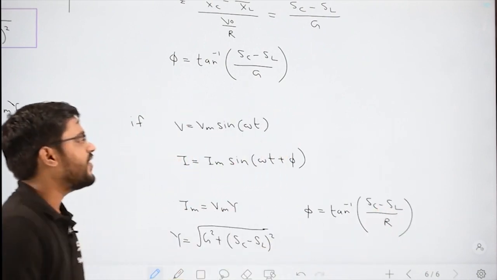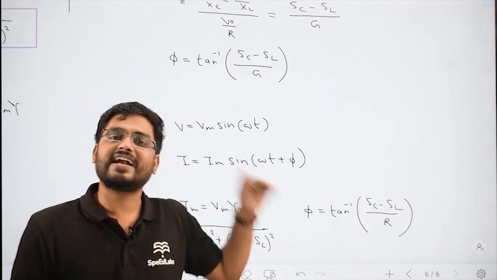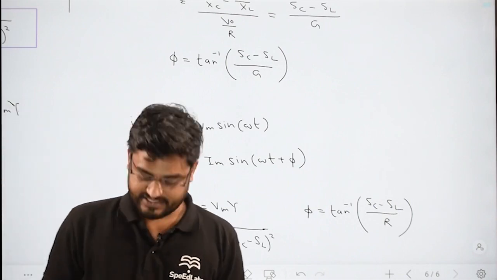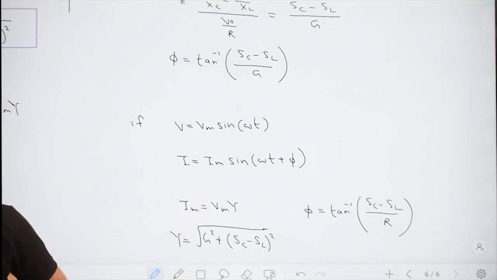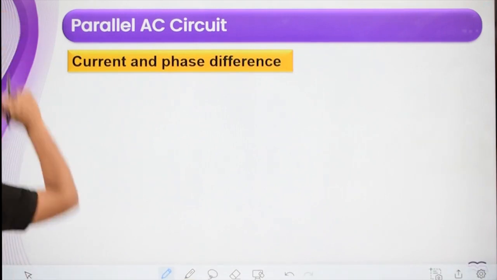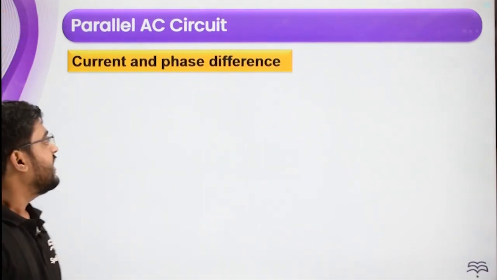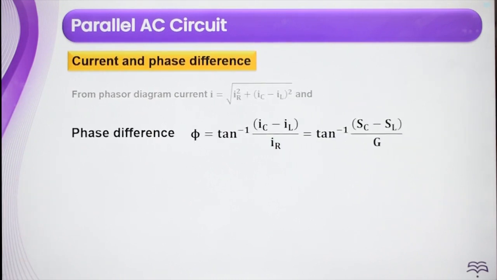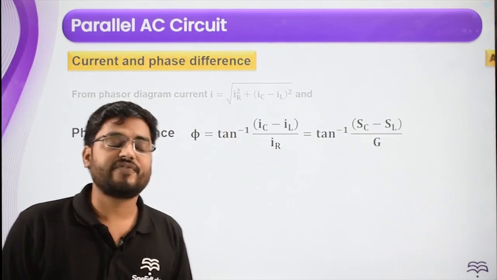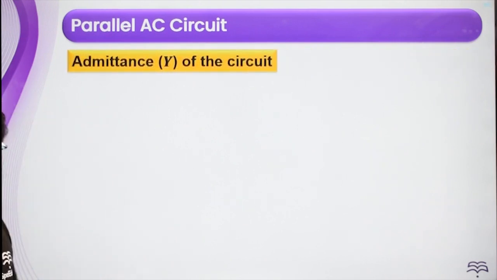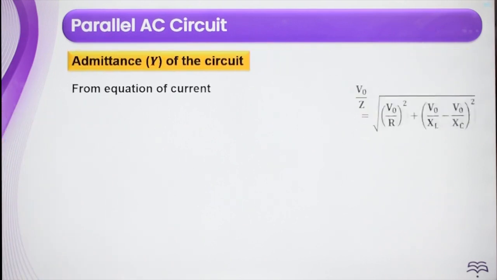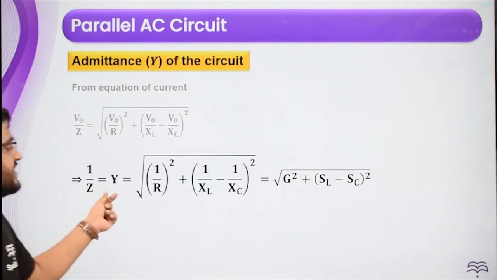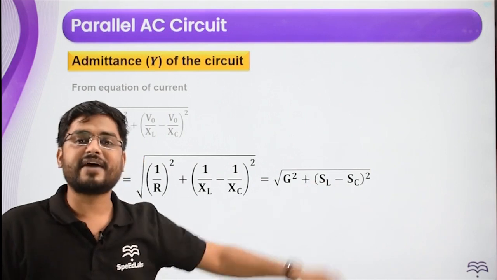So this is how, once the voltage is given to us, we can get an expression for the current for a parallel AC circuit. Now let us just revisit all the things in one go. So here the phasor diagram we made about the current, and eventually phi is tan inverse of SC minus SL by G. If we talk about the admittance, then we got the expression to be Y is equal to root of G square plus SL minus SC whole square.